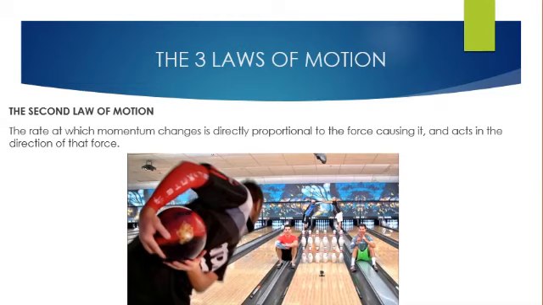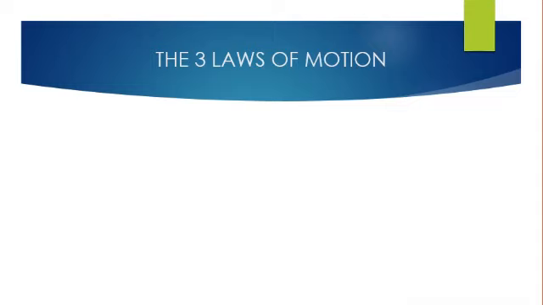And you can also see that depending on the direction in which the man pushes the force, the ball might also change its direction, or simply the momentum will also change its direction. So you see, the second law is also very useful in life, or plays an important role.